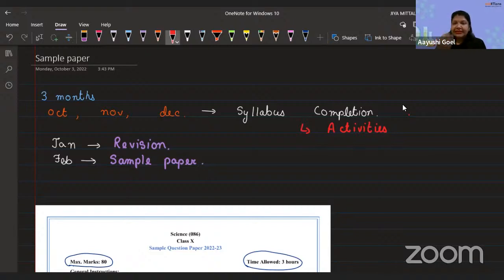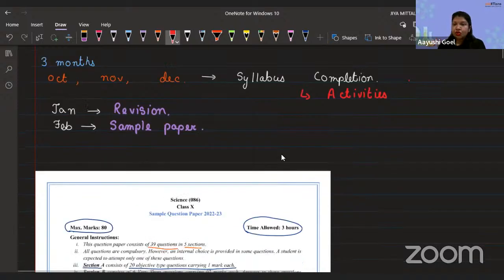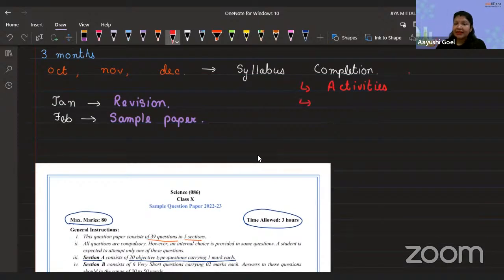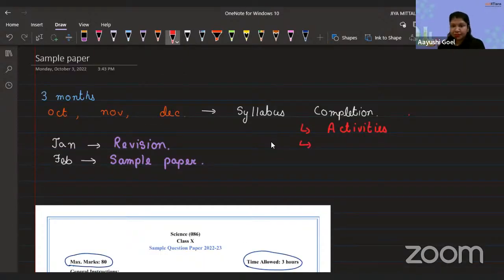After the activities, you should do all the back exercise questions and in-text questions. This you have to do in the months of October, November, and December.